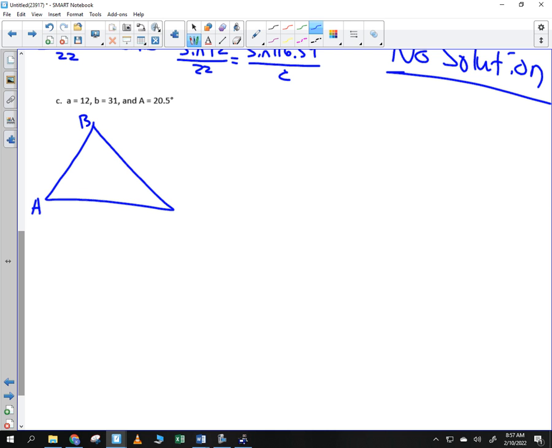A, B, and C. Angle A is 20.5 degrees, side A is 12, and side B is 31.